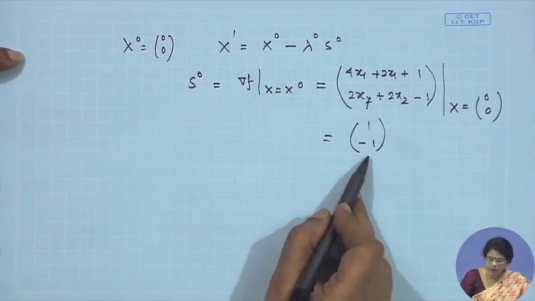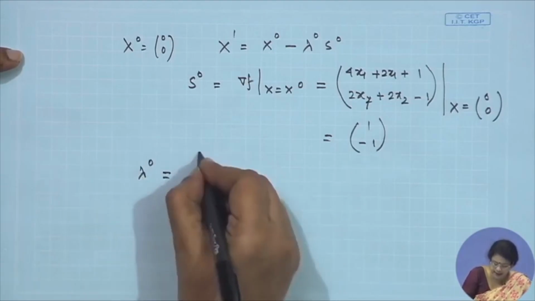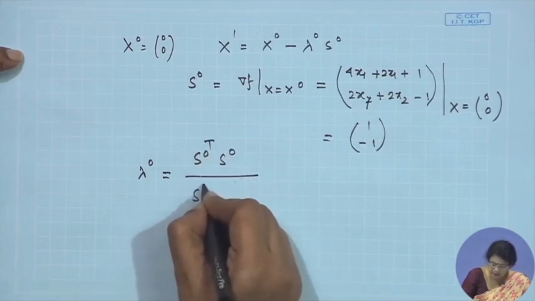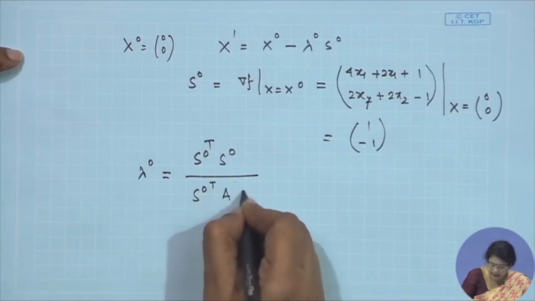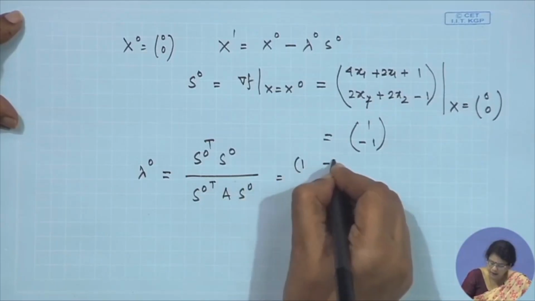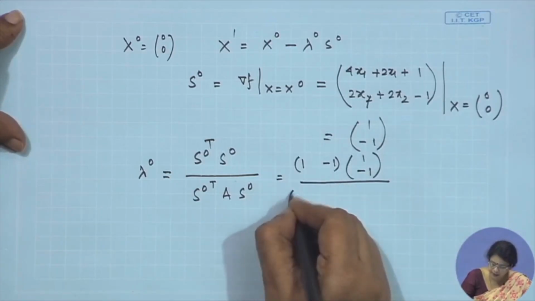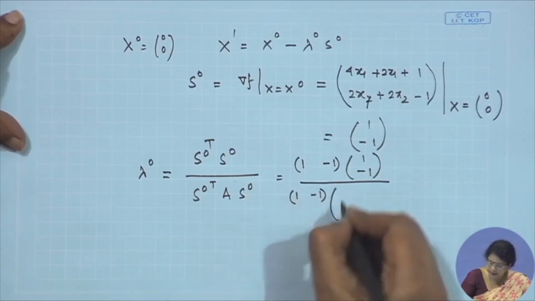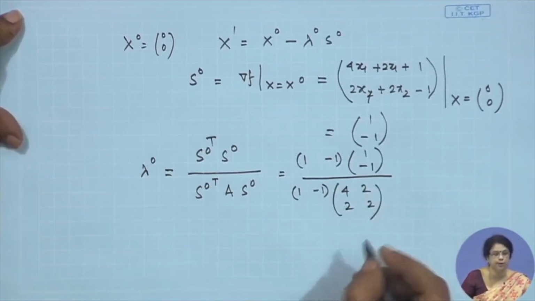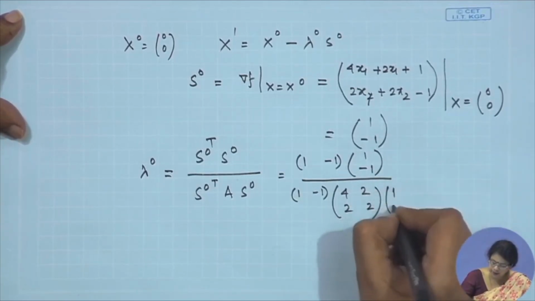Once we calculate this value, very easily we can calculate the value of lambda 0. What is that? S0 transpose S0 divided by S0 transpose A S0. Here S0 is (1, -1), divided by (1, -1) times the matrix 4 2, 2 2 that we considered for that function, times again (1, -1).